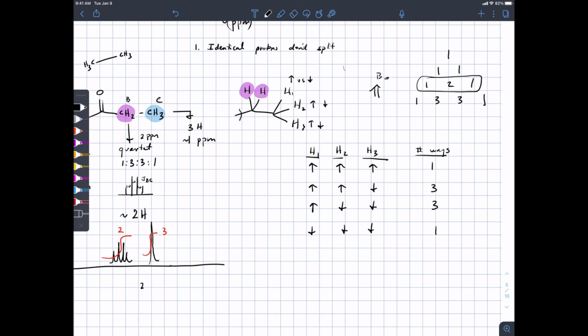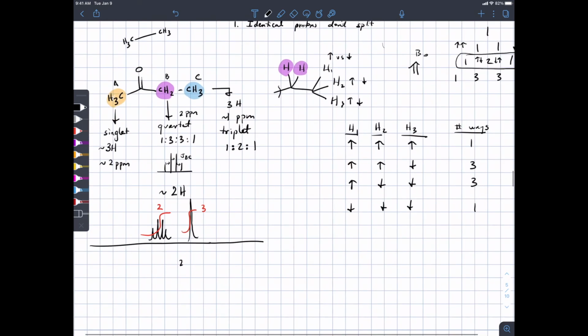You can either be aligned all with, all against, or 1 with, 1 against, or 1 against and 1 with. Do you see those 3 different situations? So you expect a 3-line pattern for being adjacent to 2 protons, and it would be a 1 to 2 to 1 triplet. So we would expect to see for methyl group C, a 3-line pattern.